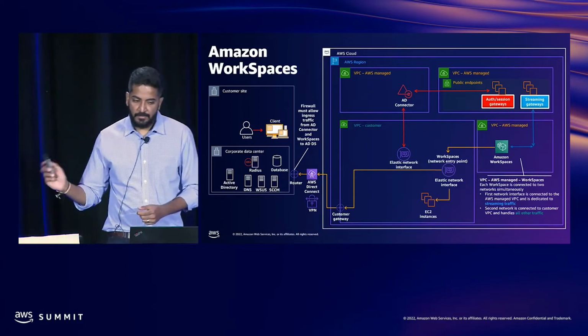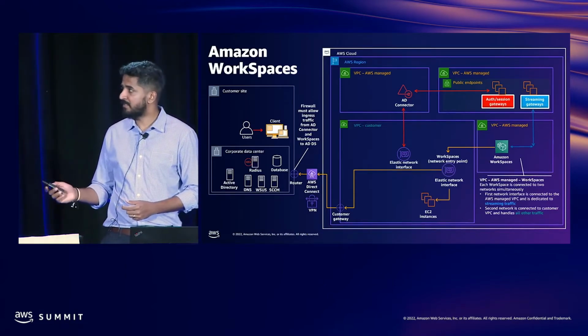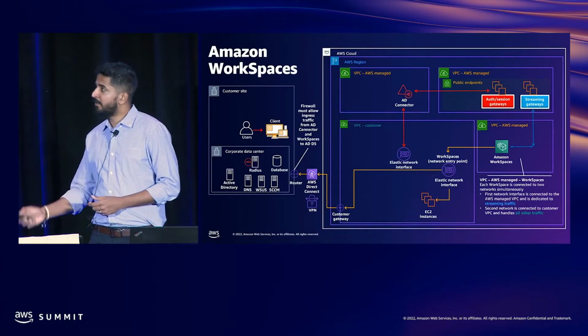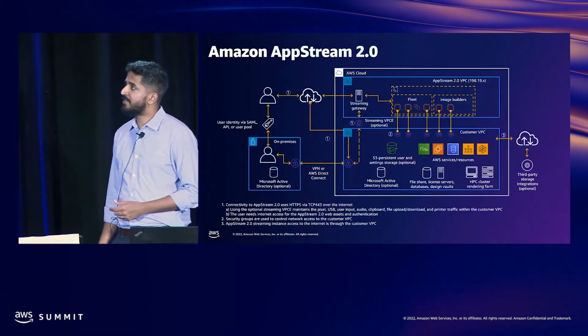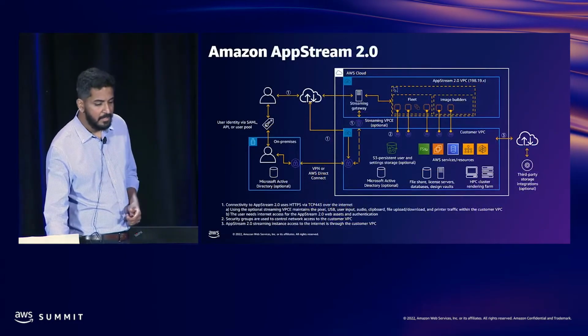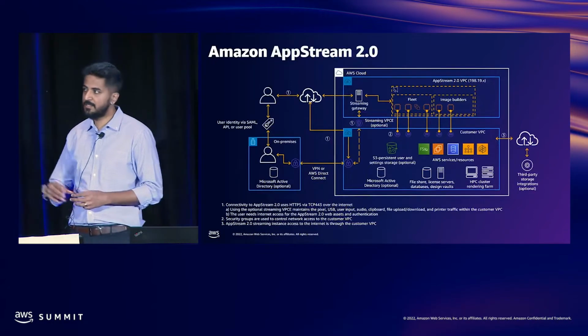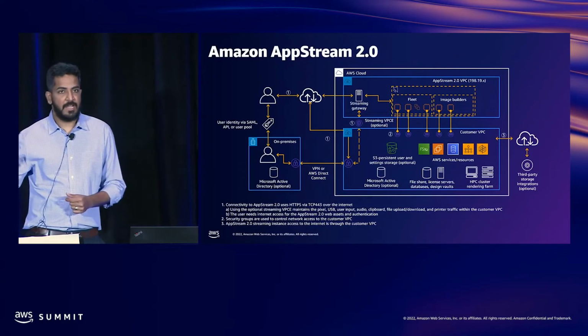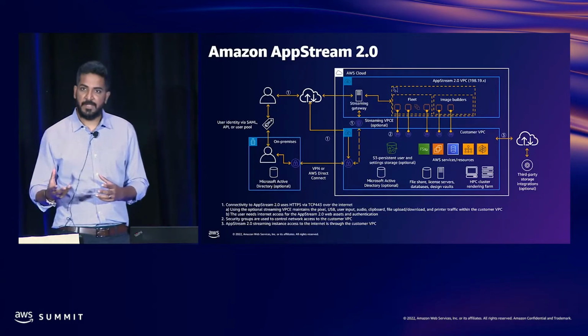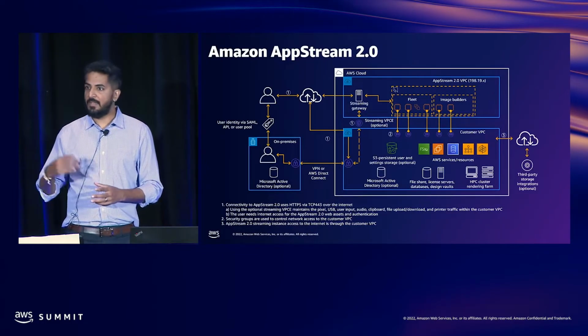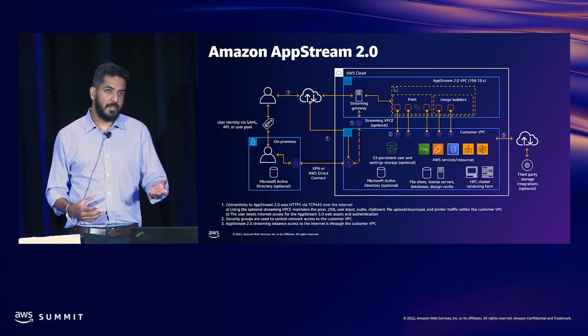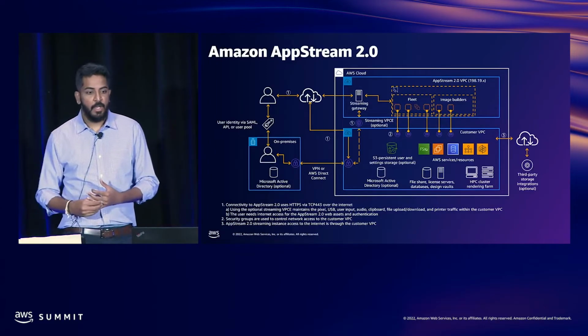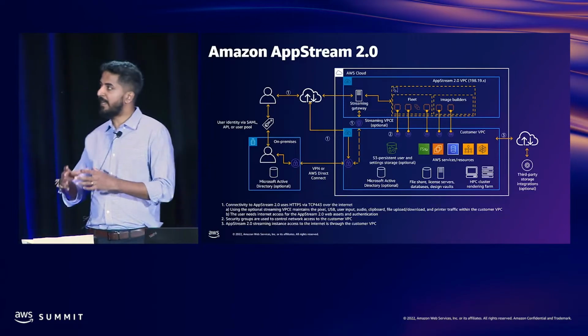So that's what the Amazon Workspaces network looks like. And then this is the AppStream 2.0 network. It's very similar. A few differences I would highlight: the authentication for AppStream is SAML based. So we integrate with your IdPs, whether it be Okta, AWS SSO, or Ping, or any other. So that's managed by you.